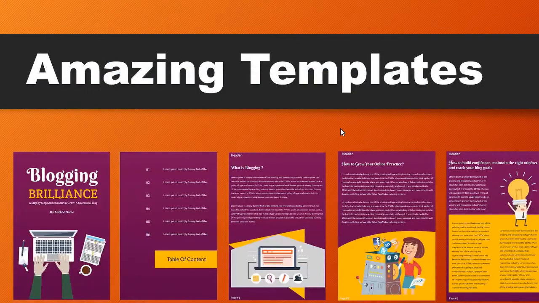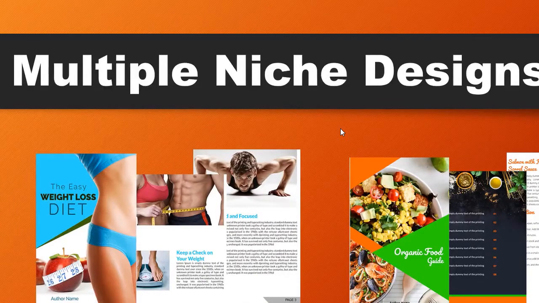Inside the Sqribble software, there are amazing templates that are pre-designed by our top graphic designers, and you can go in and edit them and press a button, really just a few clicks, and out comes a stunning ebook. I will show you the final look of the actual ebook once we get into the software demo. There are also multiple niche designs inside the software.